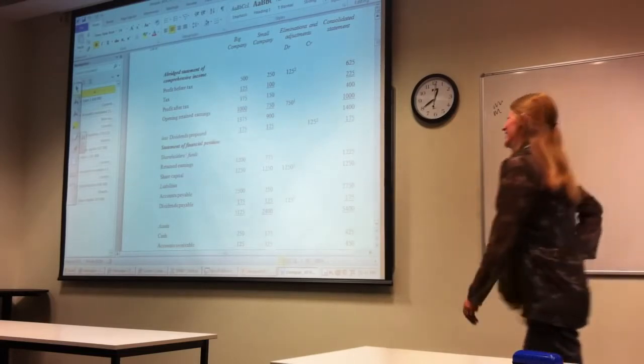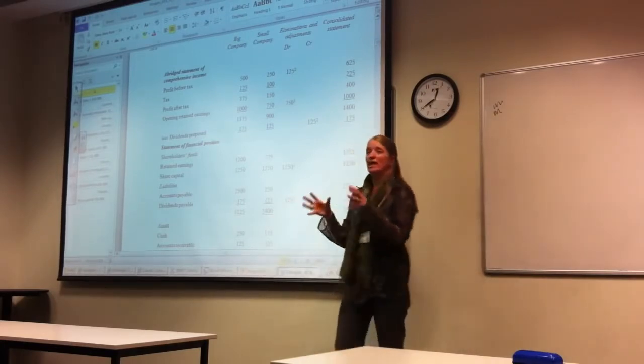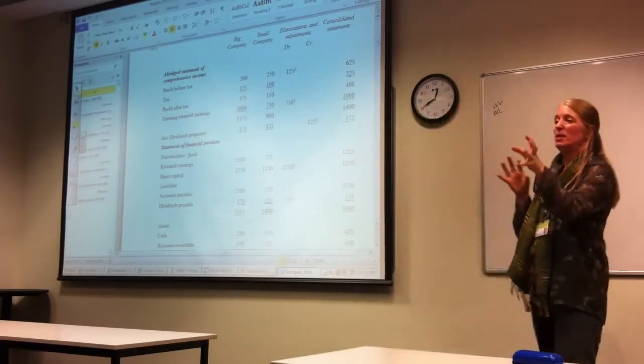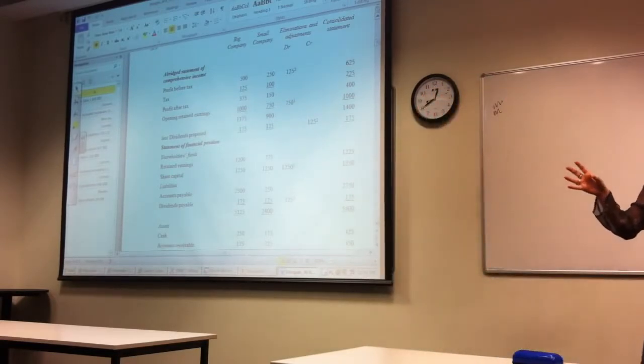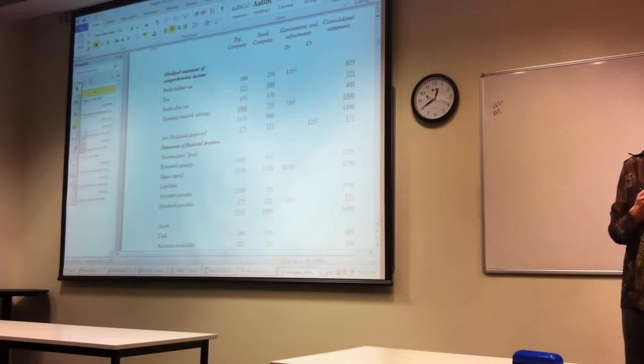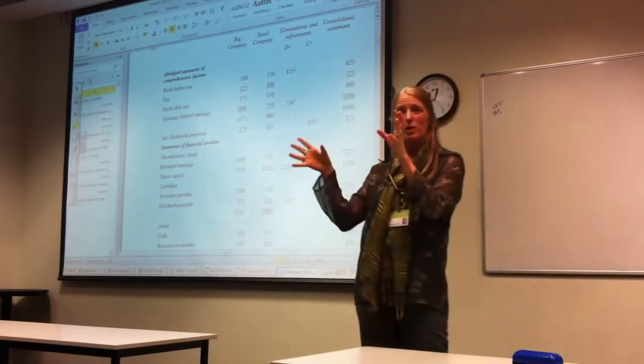An expense, okay. What's happening here is that any transactions which take place between Big Company and Small Company, the effects of those transactions must be eliminated. And why do you think that has to happen? Why do we have to eliminate any transactions that take place between the two of them?